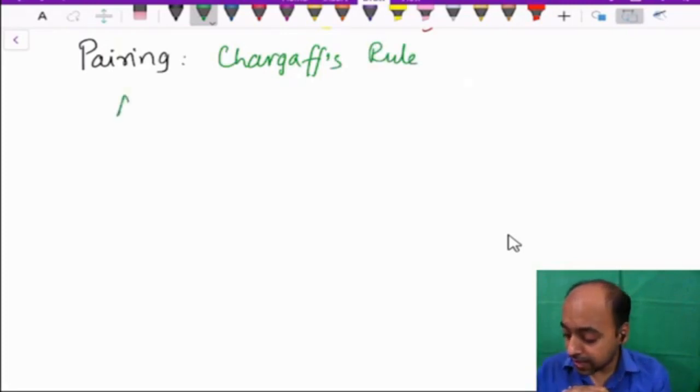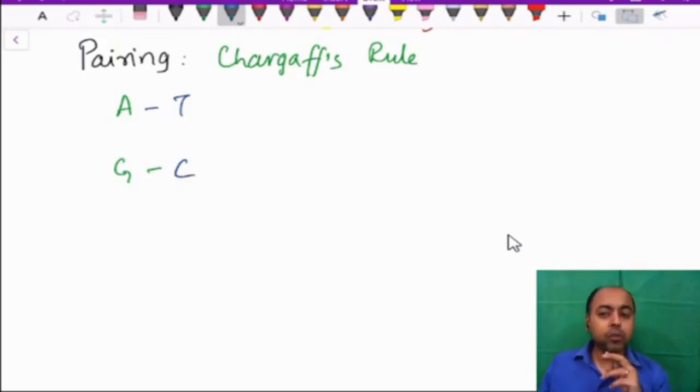Chargaff's rule states that adenine will pair with guanine. Sorry, adenine will pair with thymine. The guanine will pair with the cytosine.